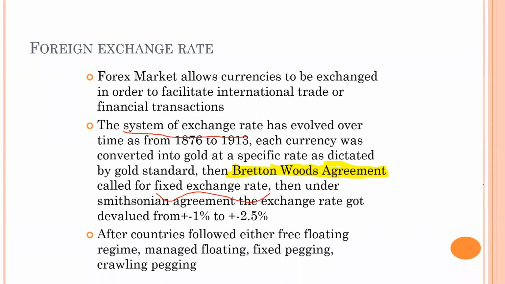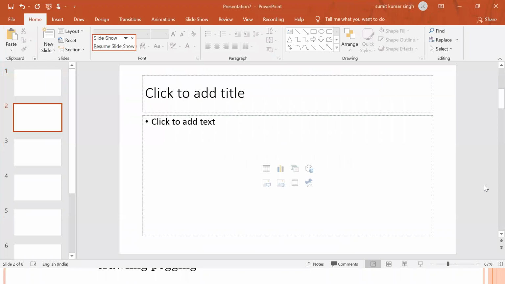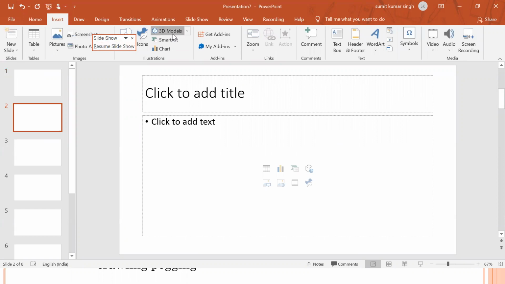Clear everyone? So you can use this control P. You can use a highlighter. Okay. You can put 3D images also. If you want, you can put 3D images also. You can put images, all the 3D models.